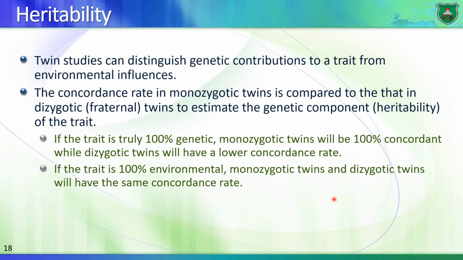So there would be higher concordance, higher correlation. If a trait is 100% environmental, then monozygotic twins and dizygotic twins will have the same concordance rate, because there's no genetic contribution. There should be no difference between monozygotic and dizygotic twins in terms of carrying this phenotype.